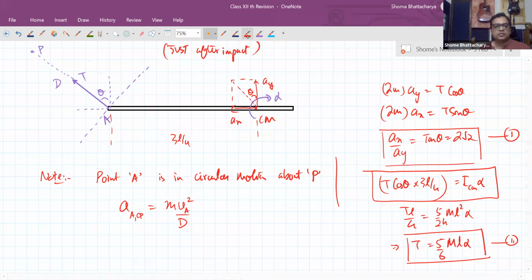And the tangential acceleration of that point A will be, the centripetal acceleration, so it's just VA squared. And the tangential acceleration will be equal to d into some d2 theta by dt square, like this.